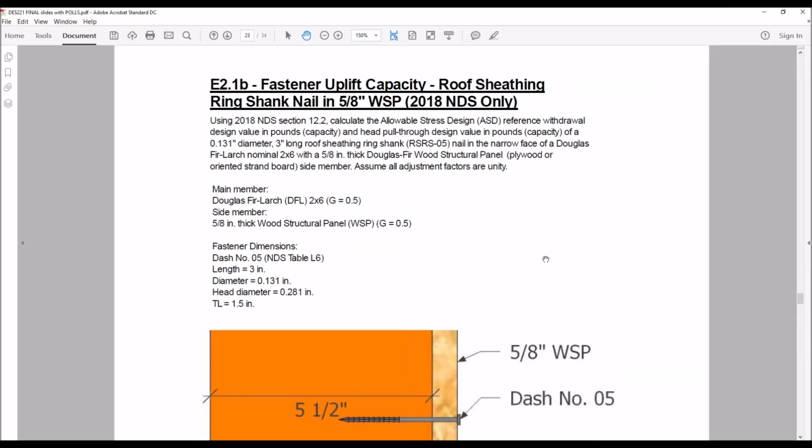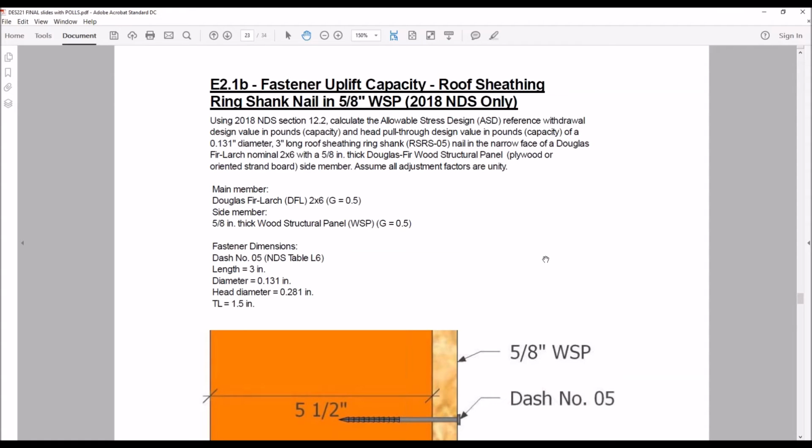The first one we're going to do is the example I alluded to earlier, where I said we had one example that applied to the 2018 NDS only, and you can see that here in the title of this example problem. This is a roof sheathing ring shank nail, or an RSRS nail.